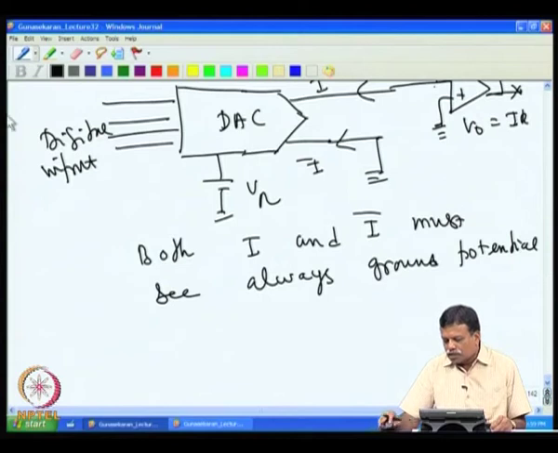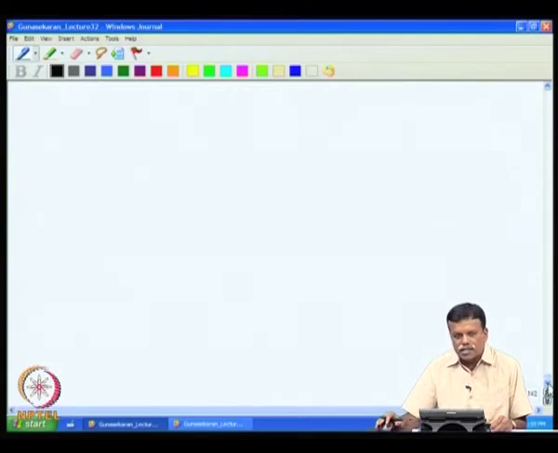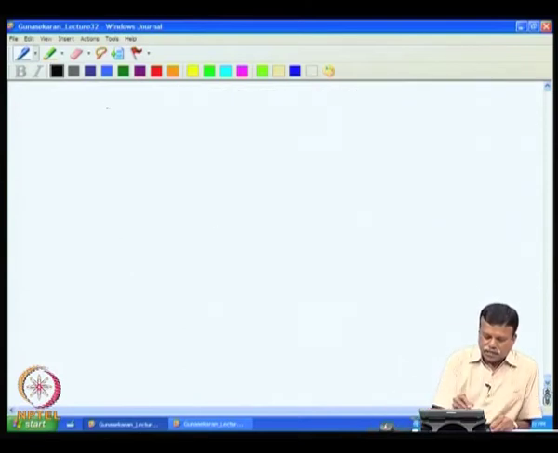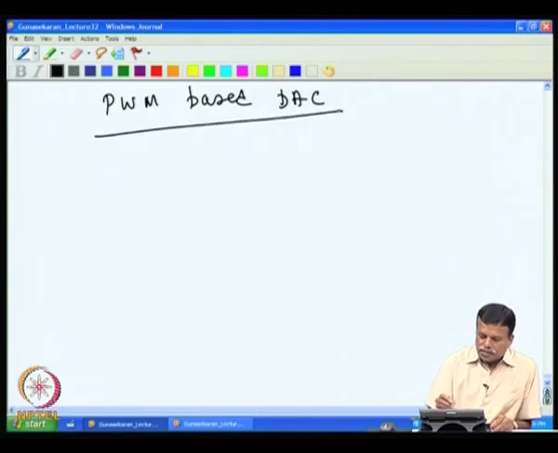So, this is how the DAC converter is used, and then there is another DAC converter that we already discussed, that is the PWM based DAC converter. This is used extensively in microcontroller applications.